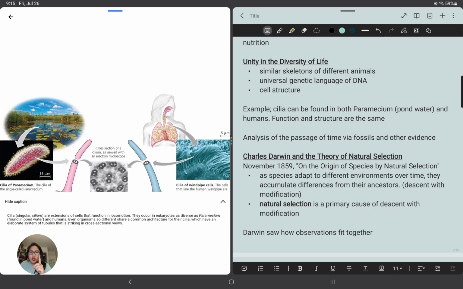Think of just like hair that covers a species, but it's used for moving. So the fact that it can be found in pond water and within our windpipes just shows that there's a unity there in structure and function. Although the organisms are so different, the function and the structure are the same.